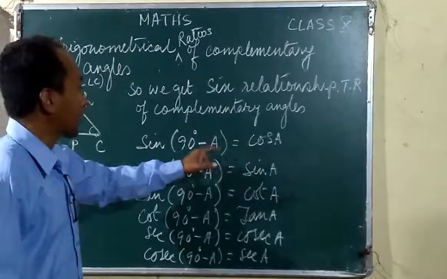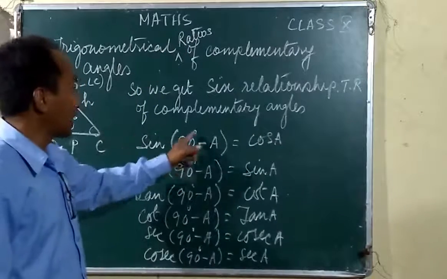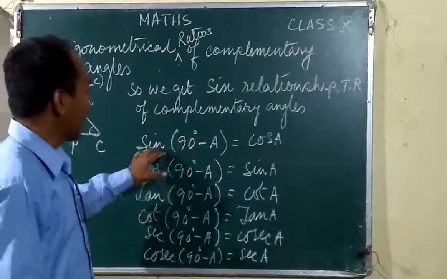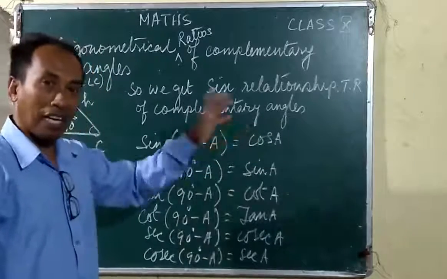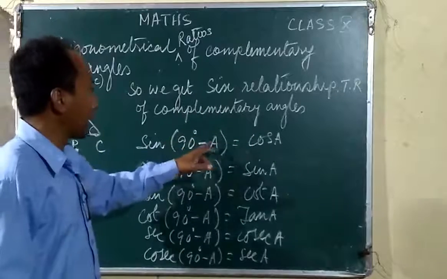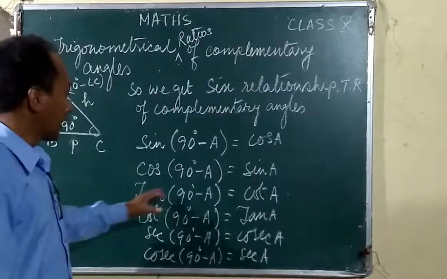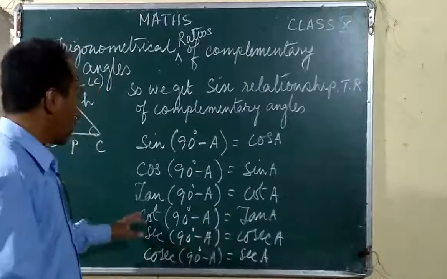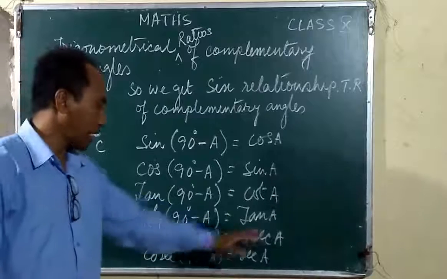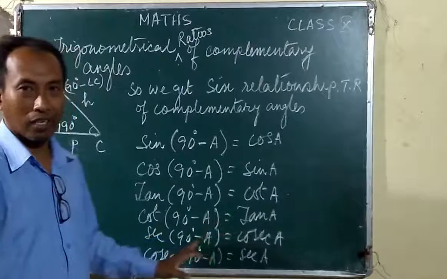Sine 90 degree minus A is cos A. In my previous one, it was sine 90 degree minus C equals cos C, but here I am writing sine 90 degree minus A; C, A, B, you can write anything. So sine 90 degree minus A equals cos A, cos 90 degree minus A equals sine A, tan 90 degree minus A equals cot A, cot 90 degree minus A equals tan A, sec 90 degree minus A equals cosec A, cosec 90 degree minus A equals sec A.